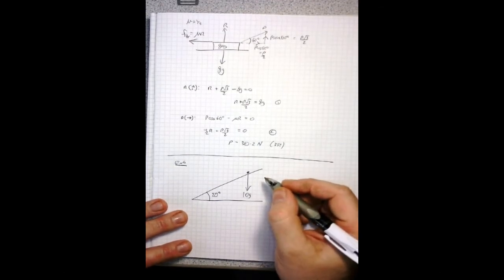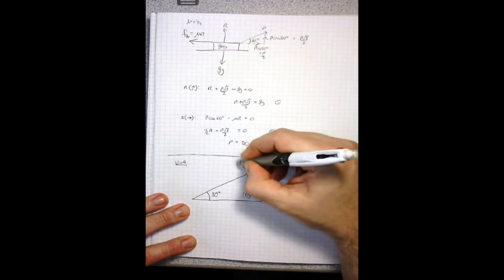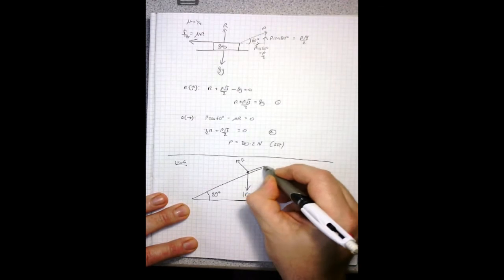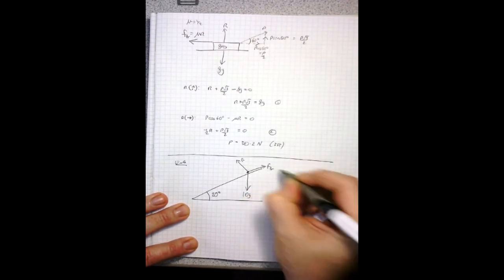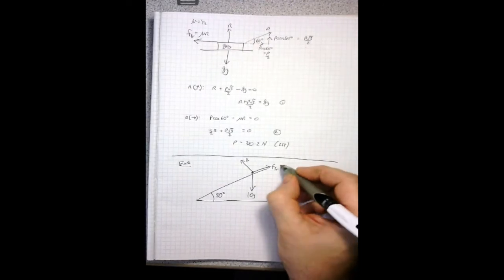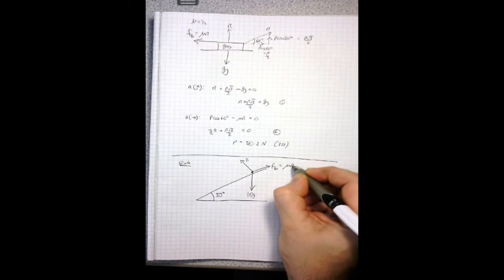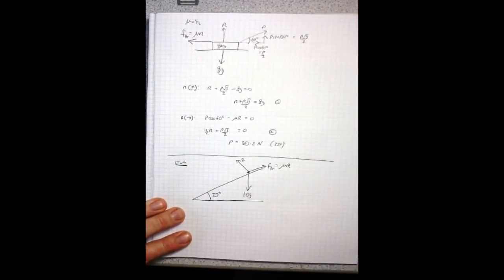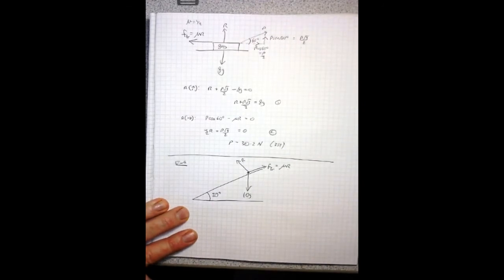Now it doesn't give me any other forces, so the only force acting down the slope will be the weight, which means it wants to slide down, so I'm going to set my friction to act up the slope. Now I don't know mu, but I do know that I'm in limiting equilibrium, so I can set my friction to mu R. Find the coefficient of friction between the box and the plane.